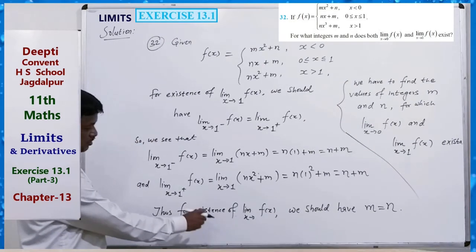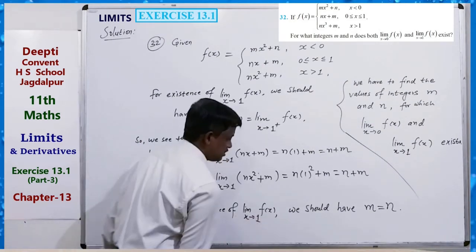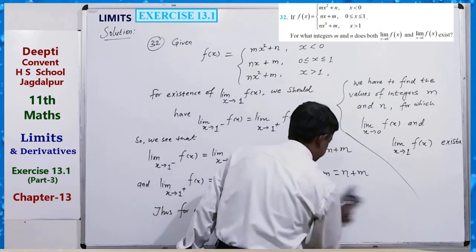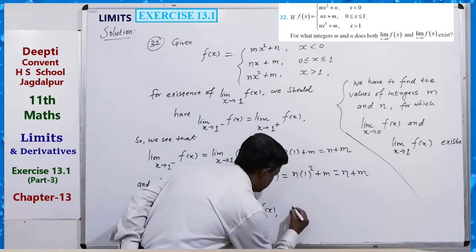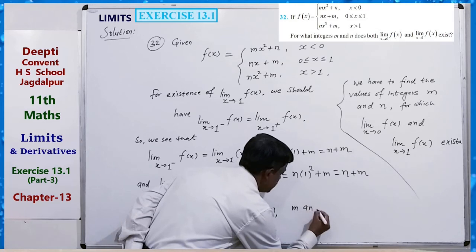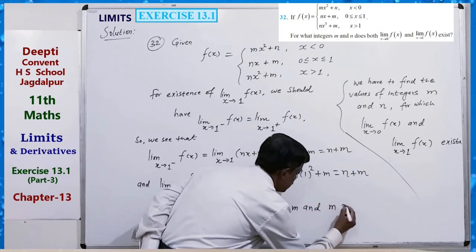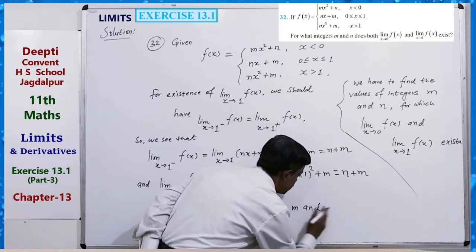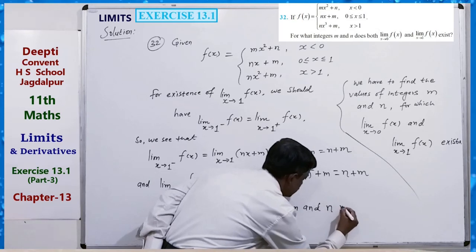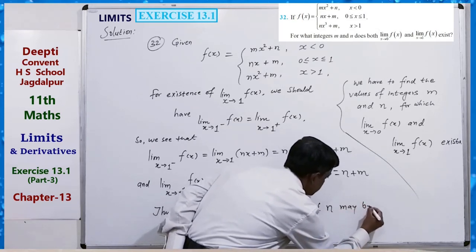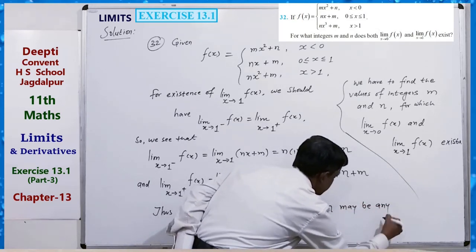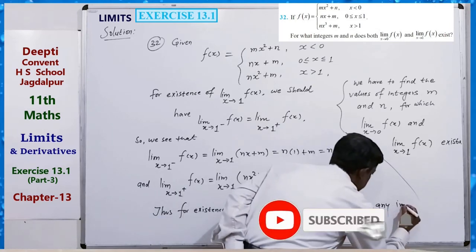Thus, for existence of limit x tending to 1 f(x), m and n may be any integers.